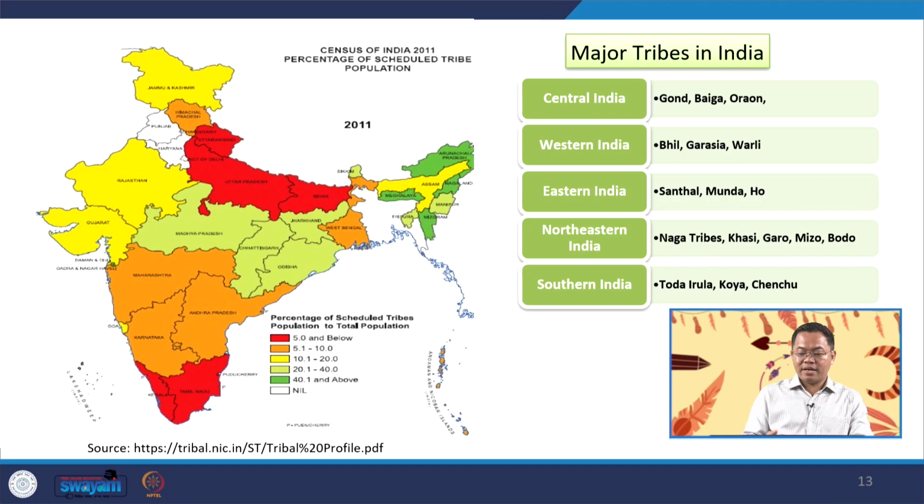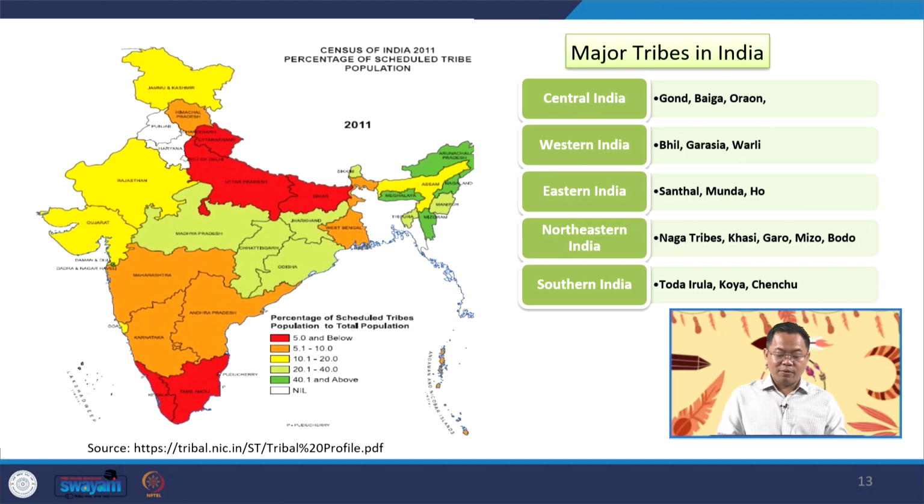Now, if you look at this map, you will see the geographical spread of tribal communities. Like I said, in the northeast, states such as Mizoram, Nagaland, Meghalaya and Arunachal Pradesh have a significant tribal population.